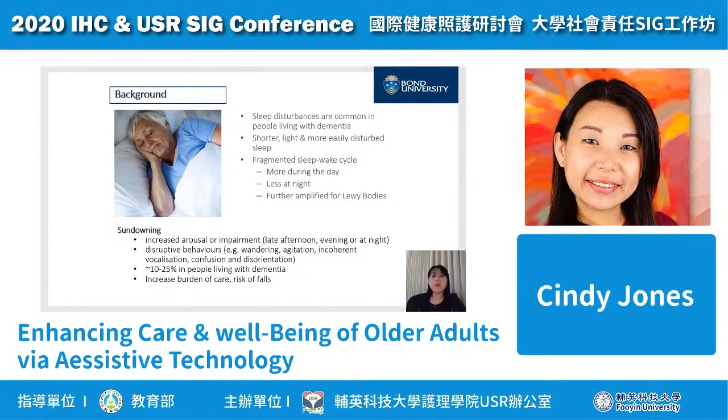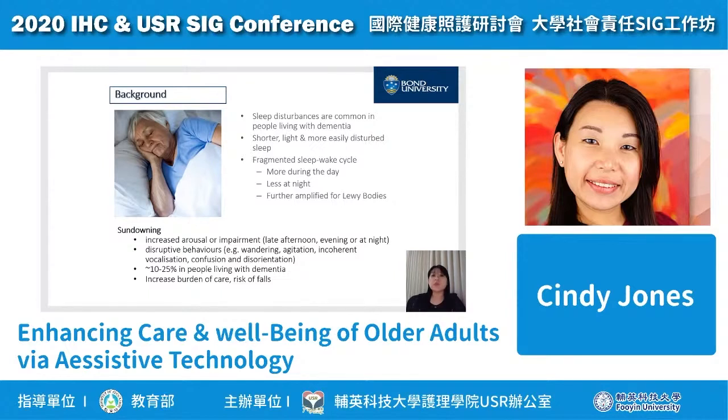Now, the background to this research is that we know sleep disturbances are common in people living with dementia. There are well-recognized reports of change to the sleeping patterns of people living with dementia over and above the normal age-related sleep disturbances.